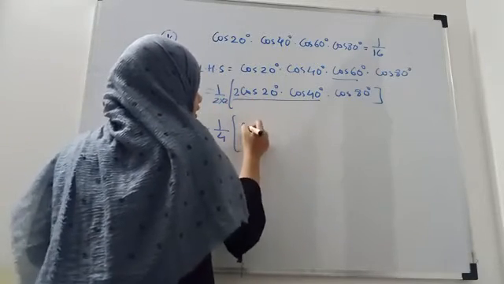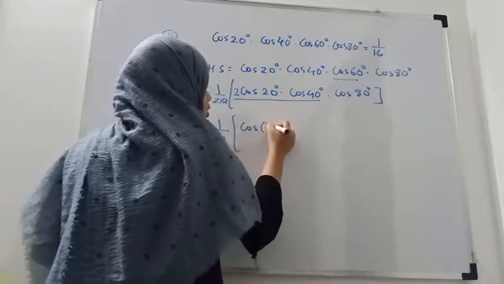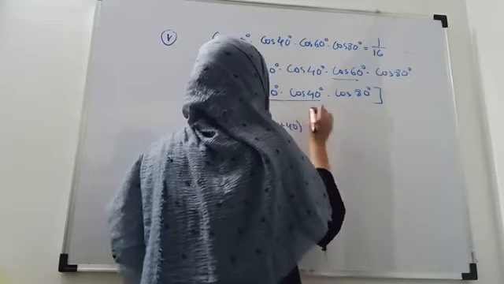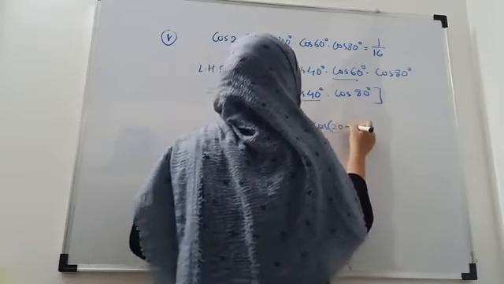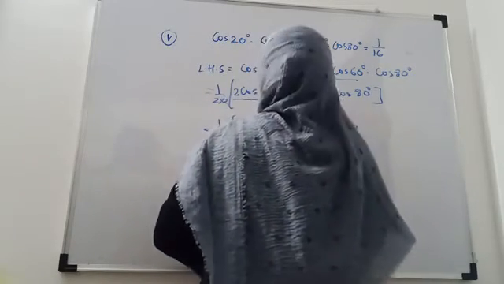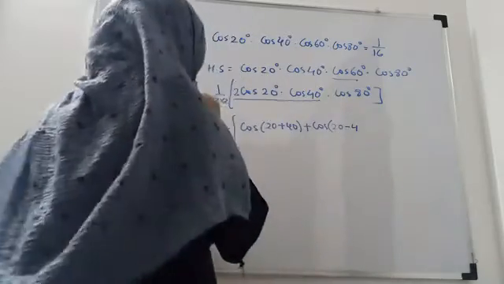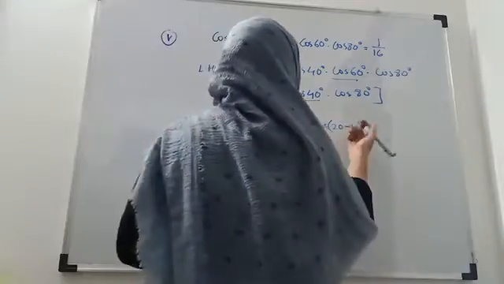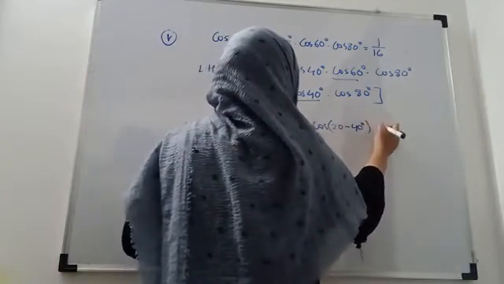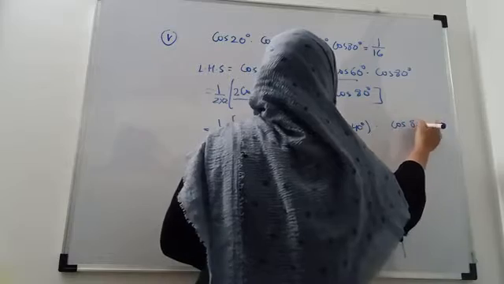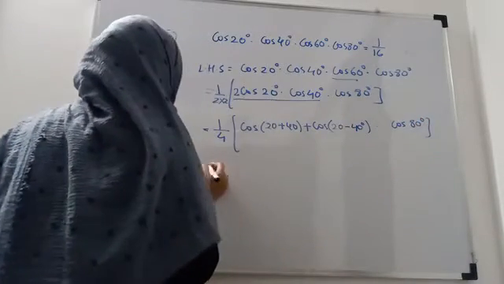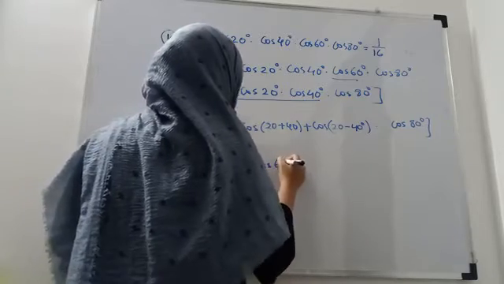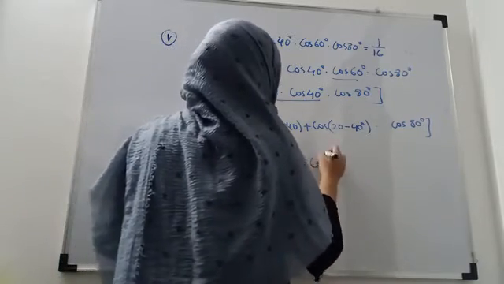Now the formula for this is cos of (A plus B), that is 20 plus 40, plus cos of (A minus B), that is 20 minus 40. It doesn't matter because cos will absorb the sign, and cos 80 degree stays as it is. Now it is 1 upon 4, this is cos 60 plus cos of (20 minus 40).